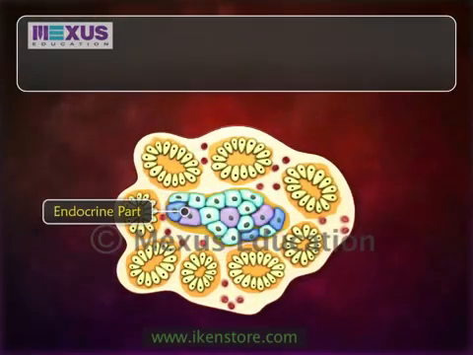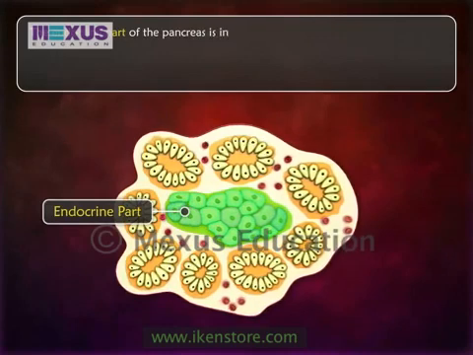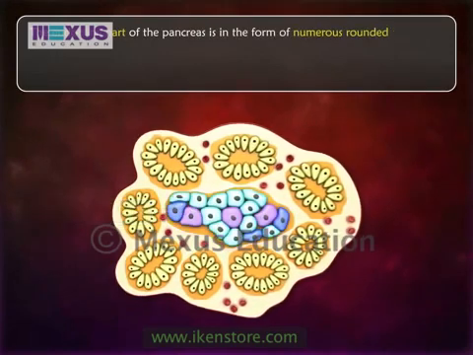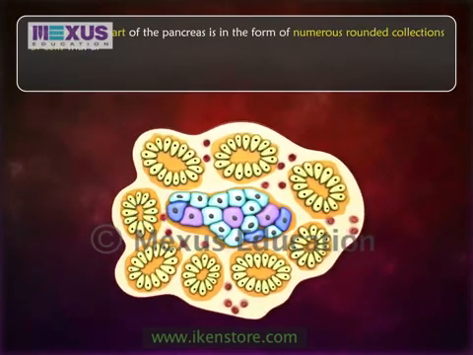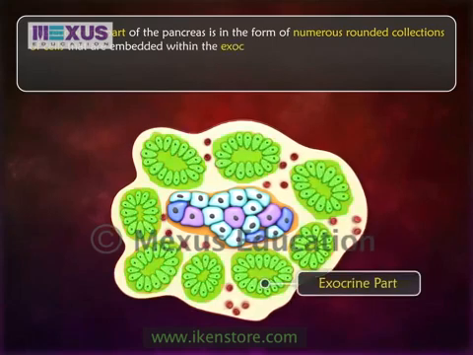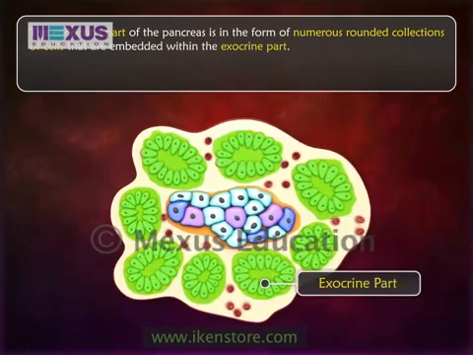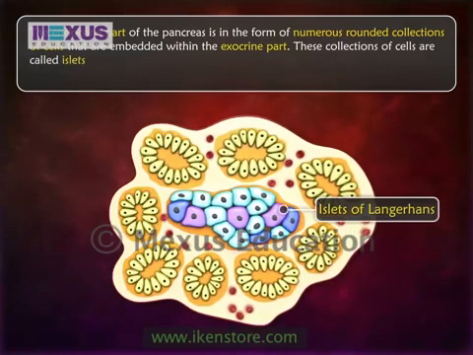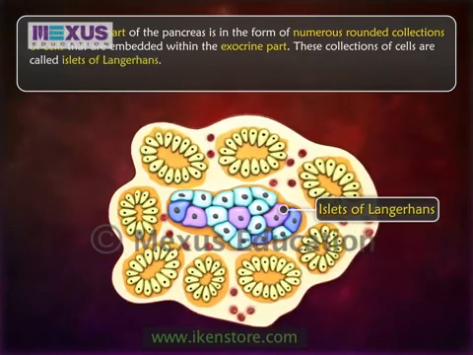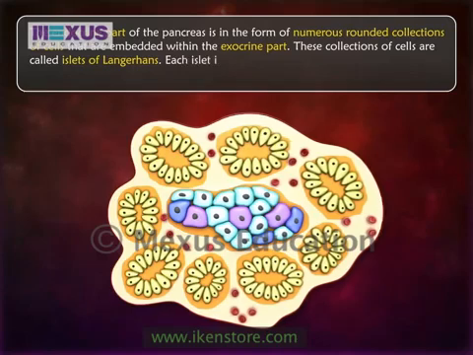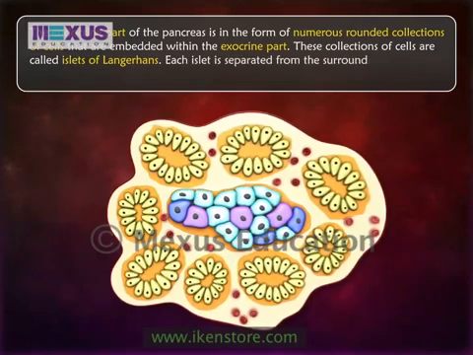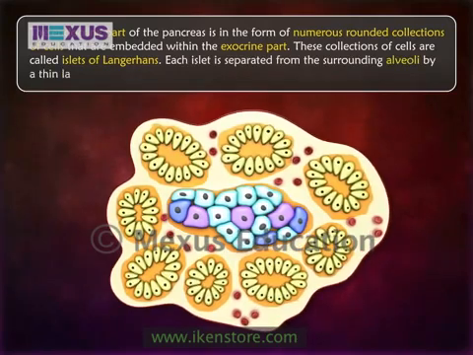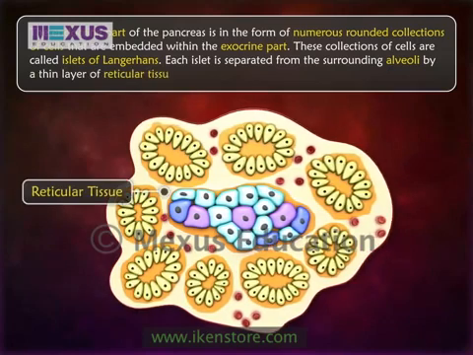The endocrine part of the pancreas is in the form of numerous rounded collections of cells that are embedded within the exocrine part. These collections of cells are called islets of Langerhans. Each islet is separated from the surrounding alveoli by a thin layer of reticular tissue.